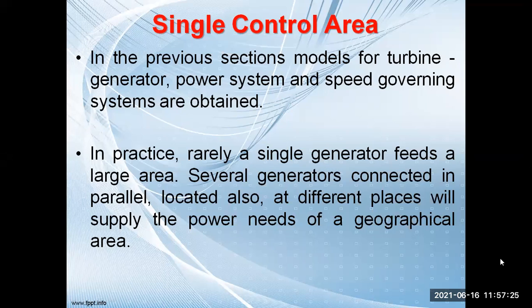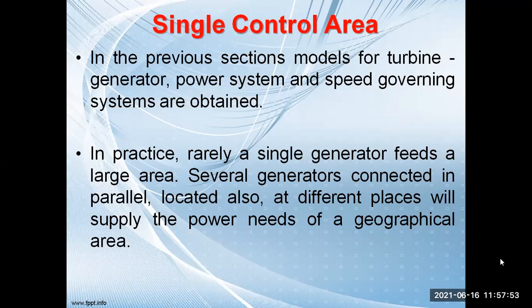When we analyze all these generators together, we have to take into account the dynamics of all the generators. Together we can consider that they are operating in a single control area. So we'll understand the concept of the single control area.